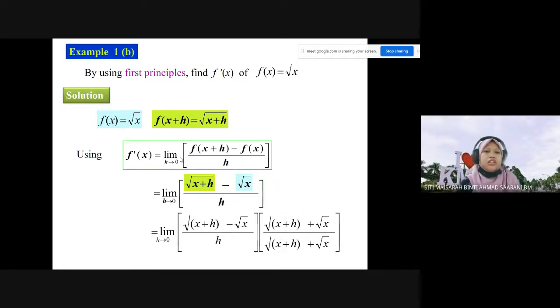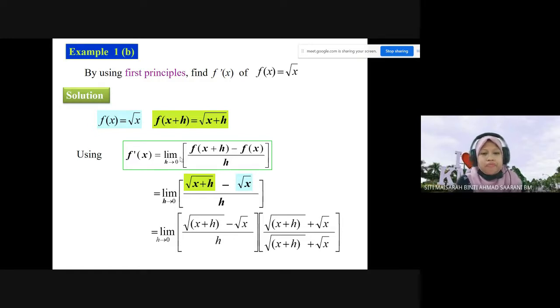So this is multiply with conjugate. And then you need to simplify by expand above numerator and expand also at the denominator.